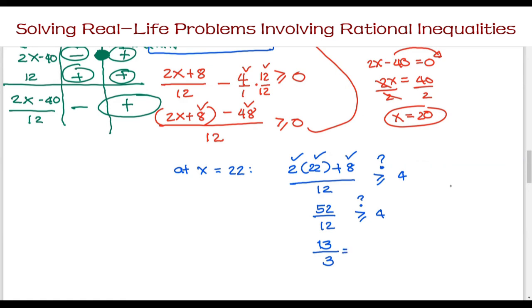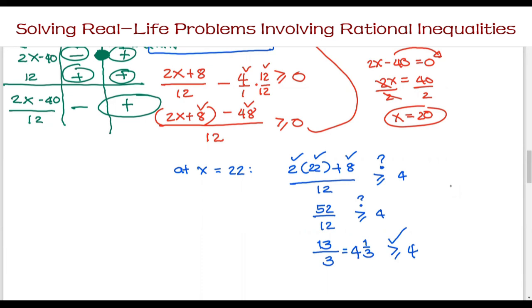Into mixed fraction, it's equal to 3, 6, 9, 12. So you're going to have 4 and 1/3. At ang 4 and 1/3 is really greater than or equal to 4. Ayan, tama na. You see? So, at x equals 22, valid yung ating rational inequality.